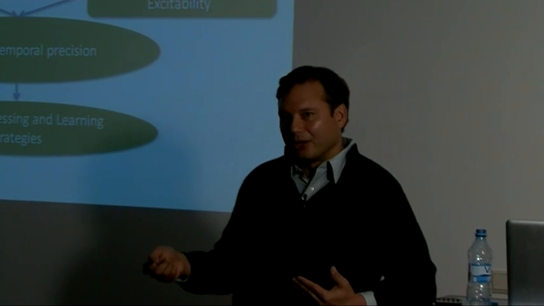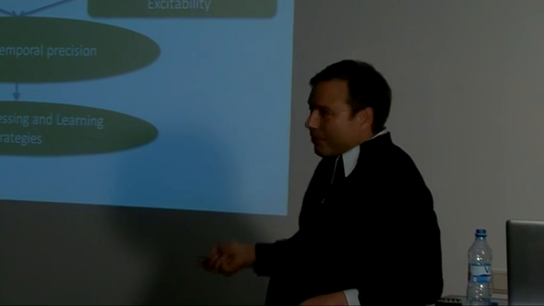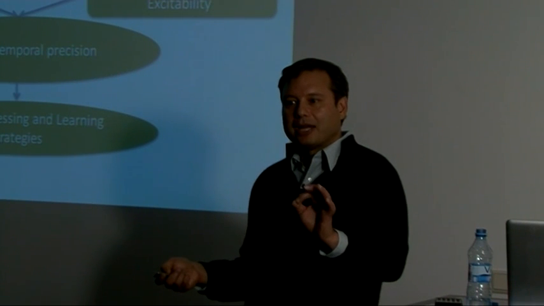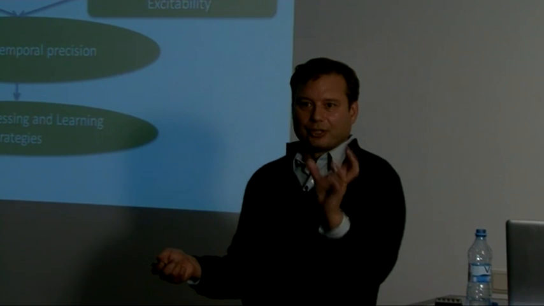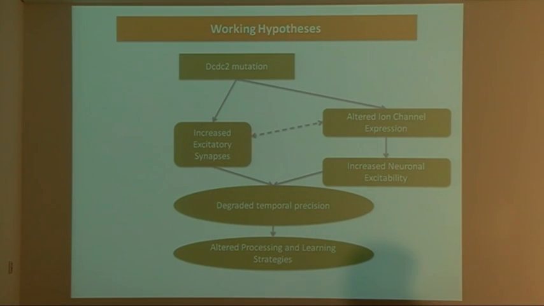Again, we think they'll be subtle and not absolute, but it might give us clues as to how the dyslexic brain might be processing stimuli, either for learning or sensory processing, a little bit differently. And we predict that it would be an alteration in temporal precision as opposed to an alteration in overall excitability.